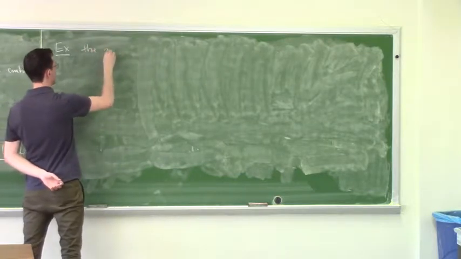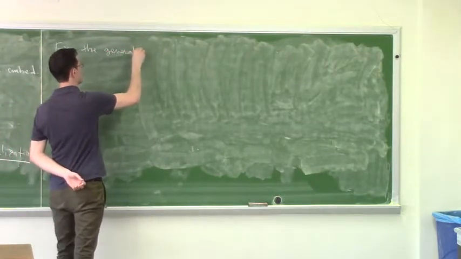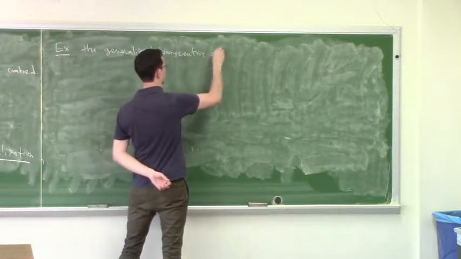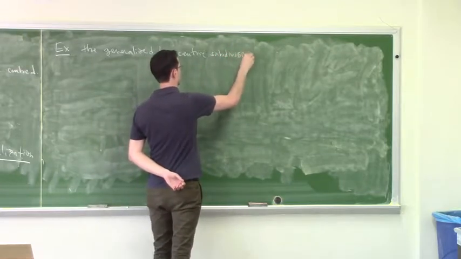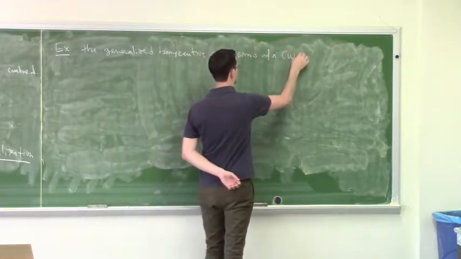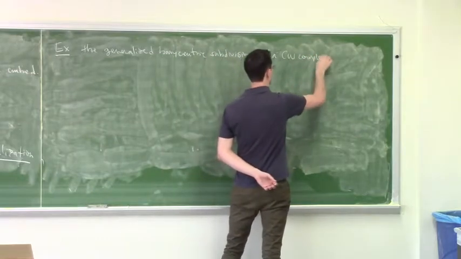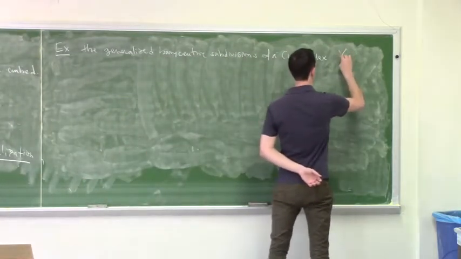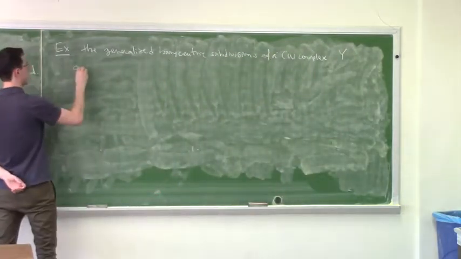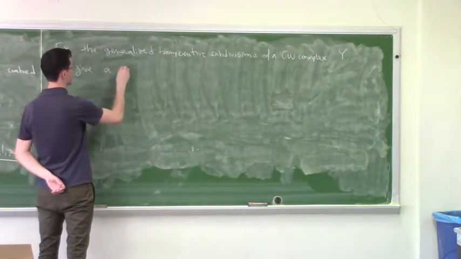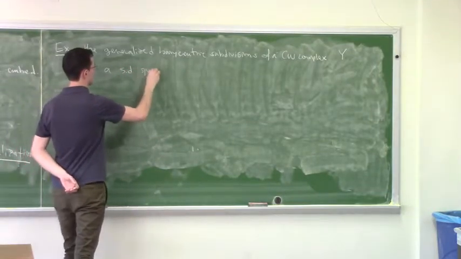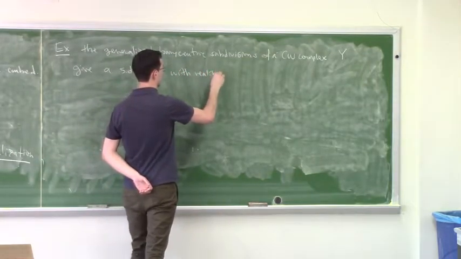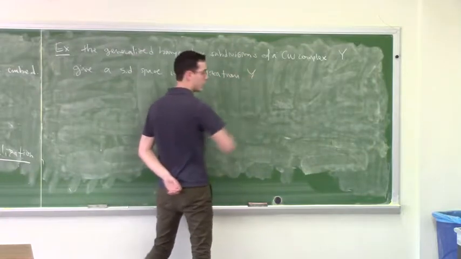If I take the partially ordered set of generalized barycentric subdivisions of the CW complex, which we'll call Y, this gives a subdivisional space with realization homeomorphic to Y, of course.